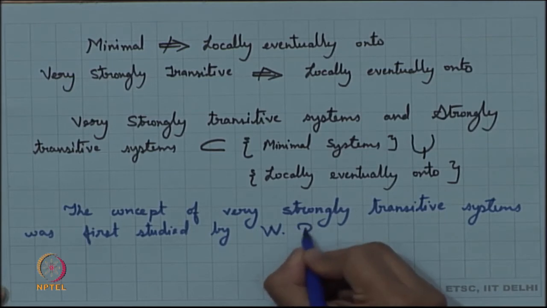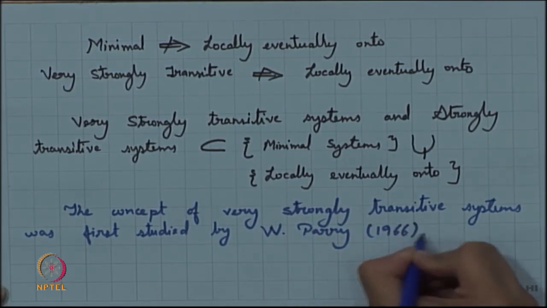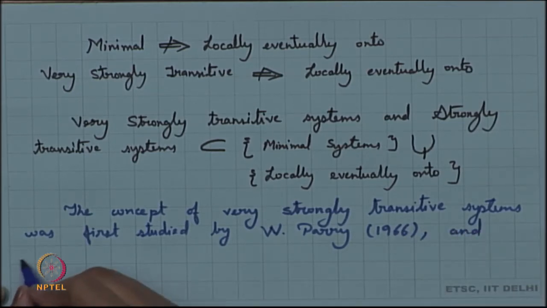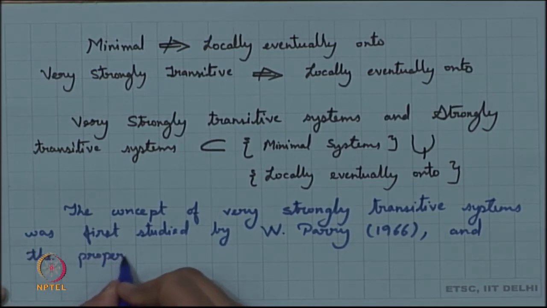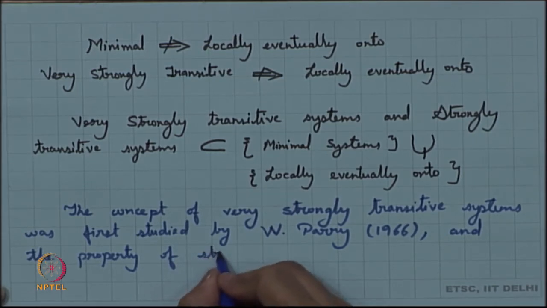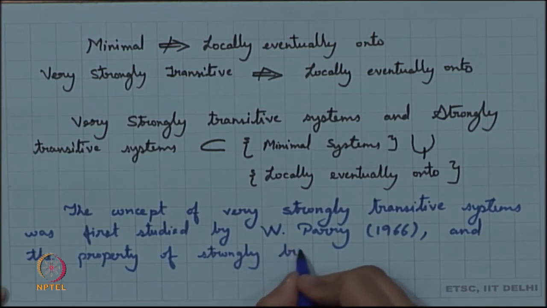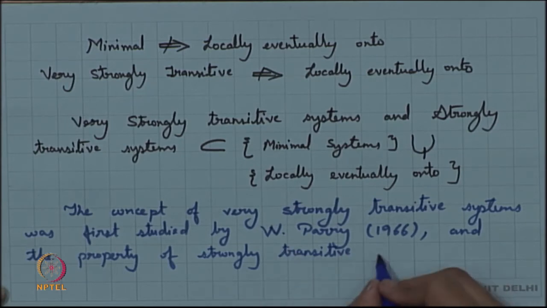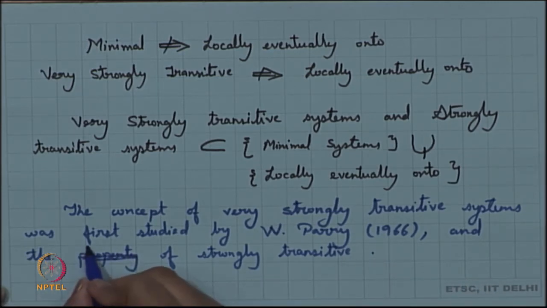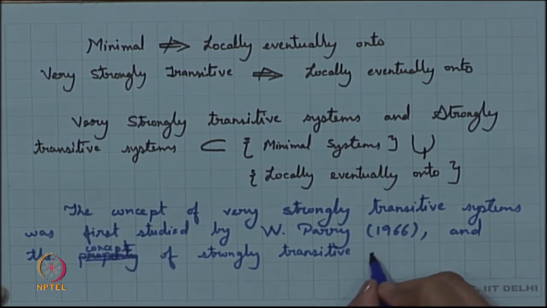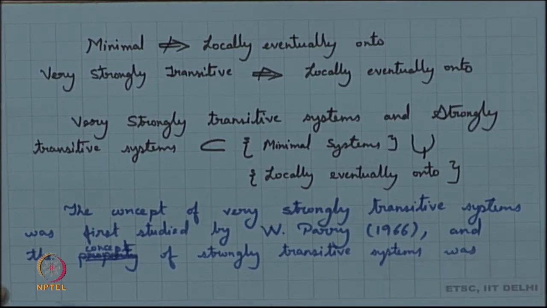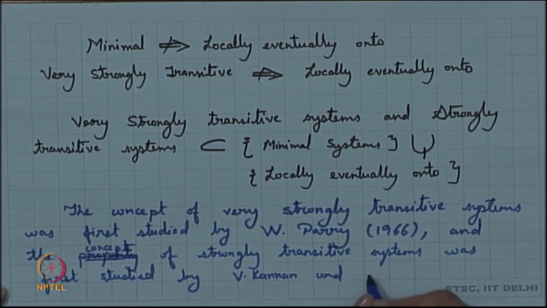by William Parry in 1966, and the concept of strongly transitive systems, which is a weaker concept, was first studied by V. Kannan and myself in 2002.